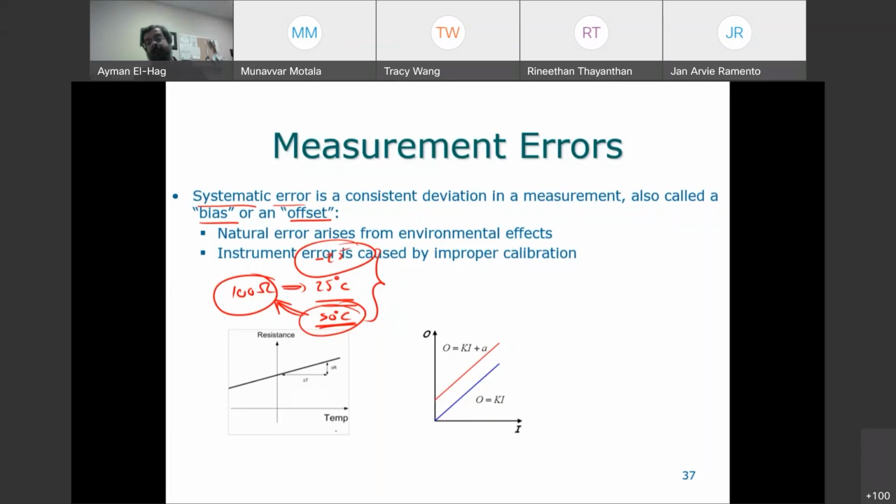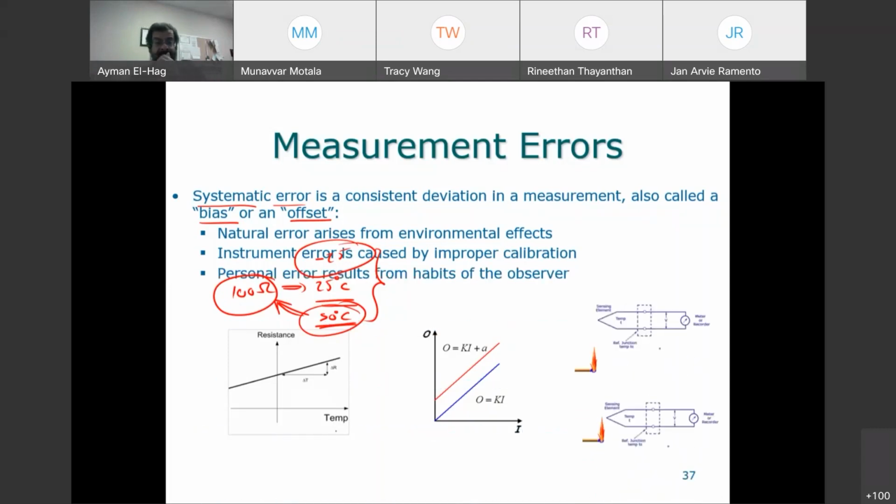Now, as the sensor ages with time, this may not apply anymore. So there might be some aging that will lead to some sort of an offset. Okay, now you need to figure this out, and you may need to recalibrate your sensor. Finally, it could be an error because of habits.